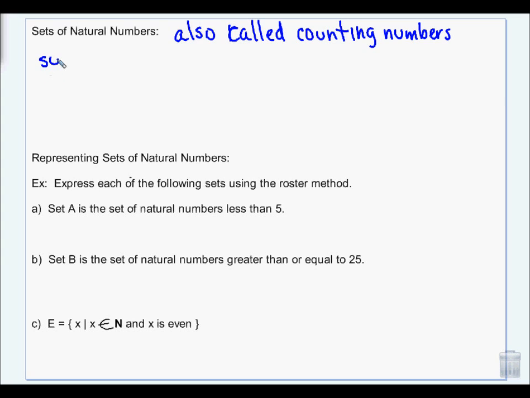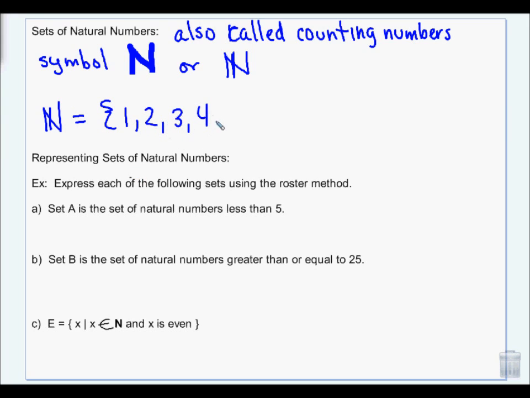Its symbol is a bold N, or an N with a second crossed line, because when you're handwriting it's hard to bold. When you start counting, where do you start? You start at 1. So it's 1, 2, 3, 4, 5, forever.